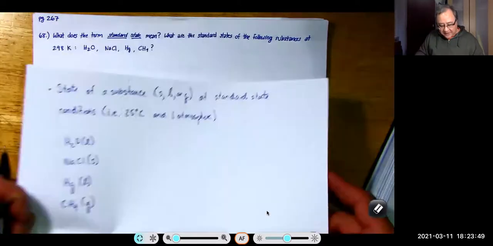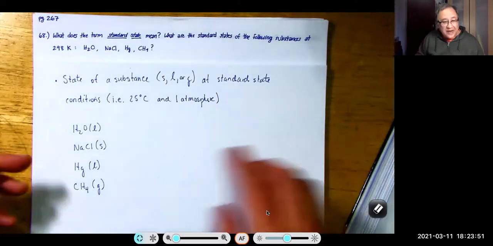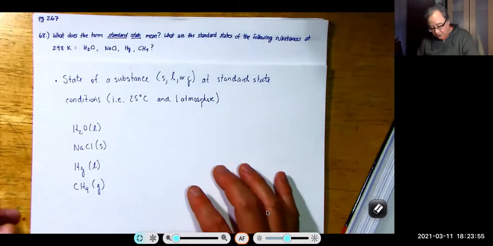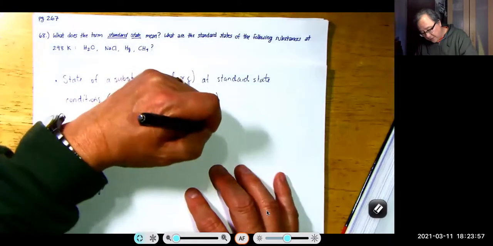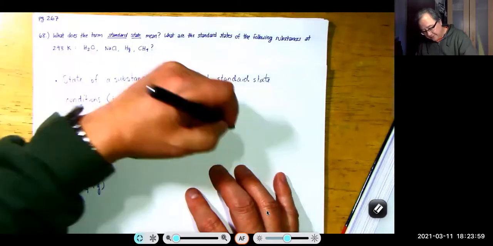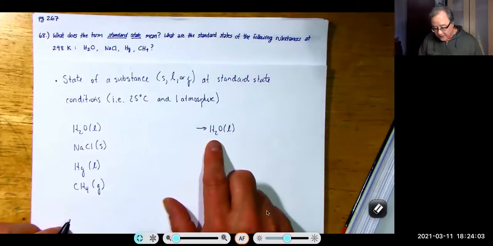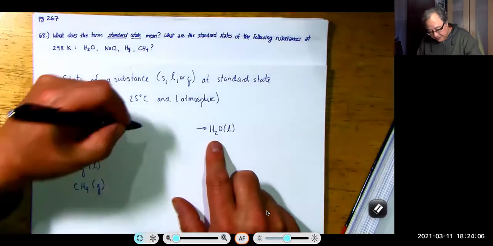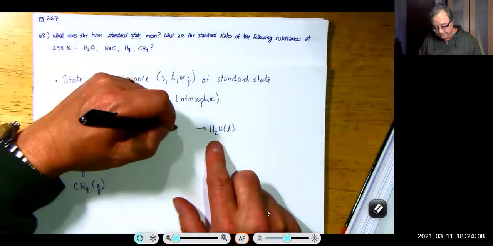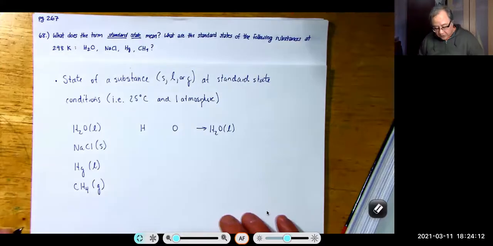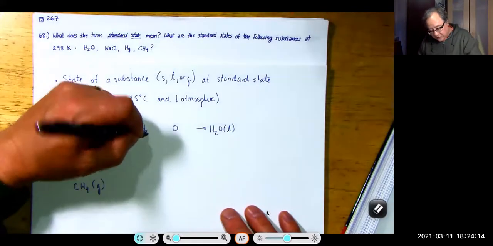Now, something that's not asked is, what is the standard state reaction for each of these? So the way to do that is you start off with the product in its standard state. And then once you have the product in its standard state, you look at the elements in here. There's hydrogen and there's oxygen. And then you have to write these in their standard state. So these are both diatomic, so you put 2.